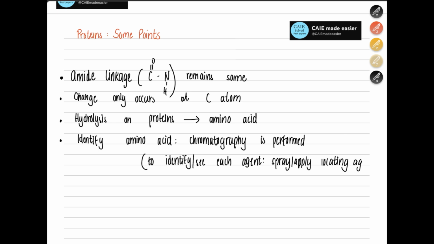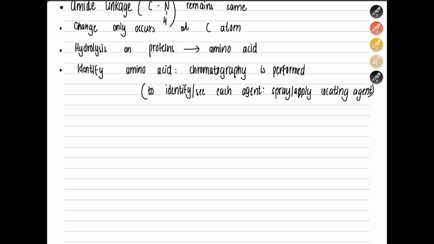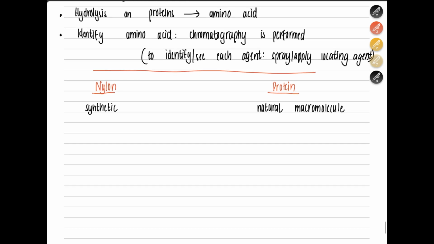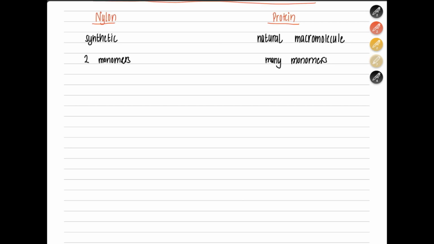Okay, next, we studied different types of polymers made by condensation polymerization. So let's try to find the differences between two of them, nylon and protein. First, nylon is a synthetic polymer, while protein is a natural macromolecule. This occurs in nature. Next, nylon has only two monomers. So what are the monomers of nylon?